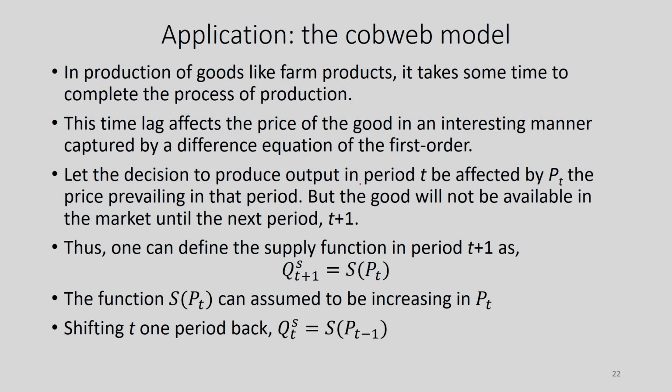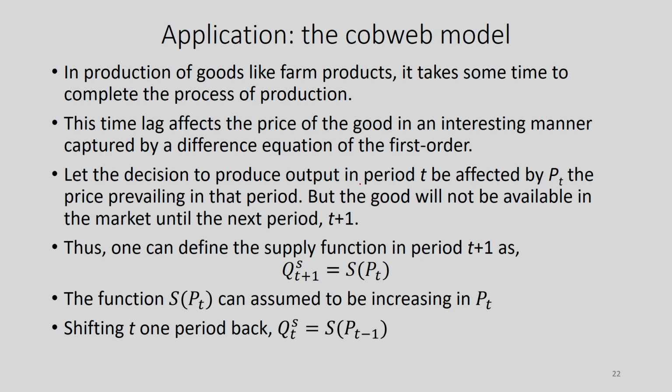Okay. We have talked about the theory. Now, we are going to talk about certain applications. The first extremely well known application of the first order difference equation is the Cobweb model. So, what is this about?